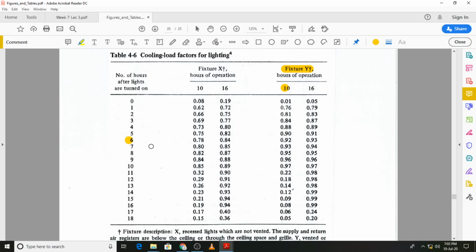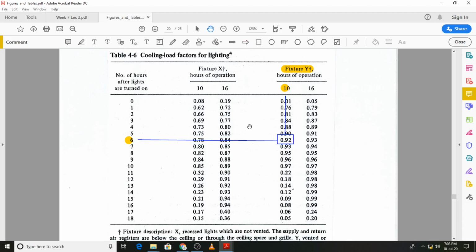That is marked over here, against which we will read the value of the cooling load factor for lighting, which comes out to be 0.92, and that was the value that we had used.